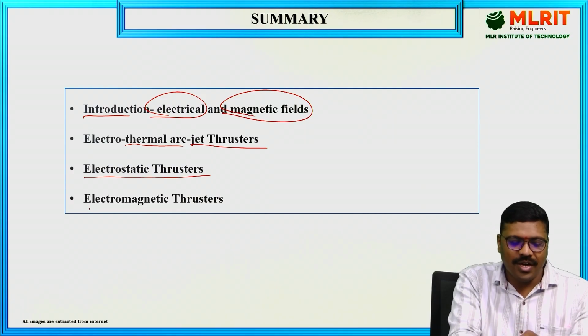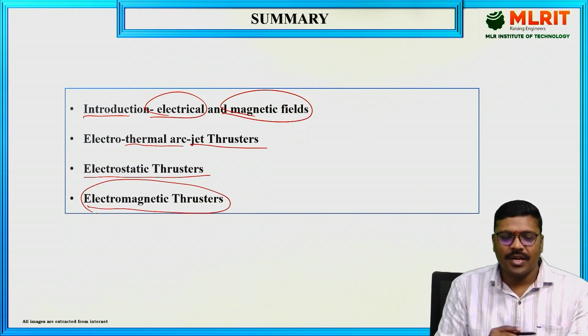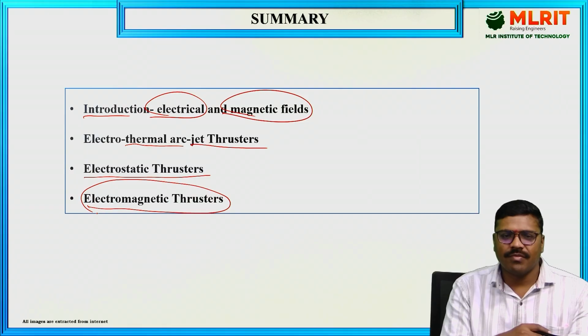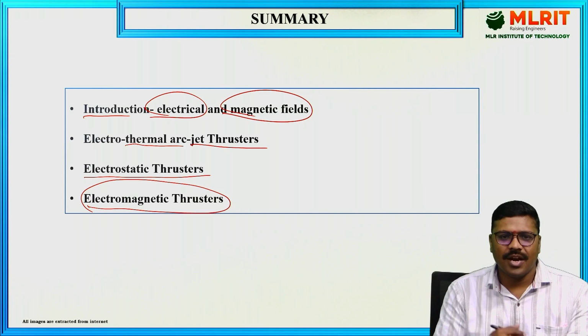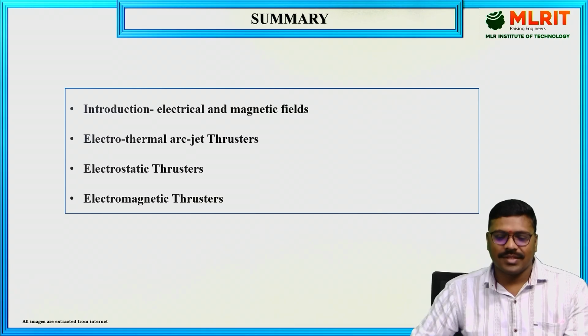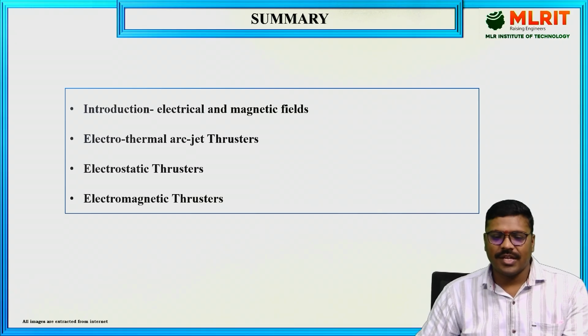And next, we went through the electromagnetic thrusters, the combination of electrical and magnetic fields, and how these thrusters accelerate the ions and produce thrust. So, this is about the electrical thrusters and the completion of this lecture series.